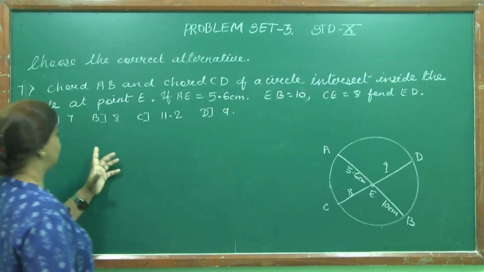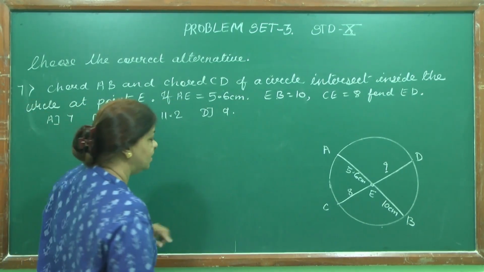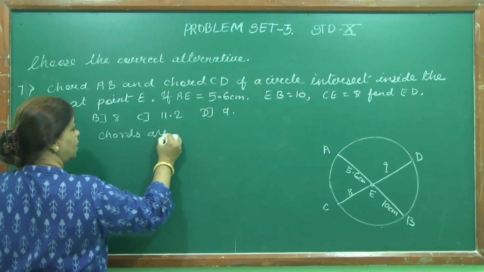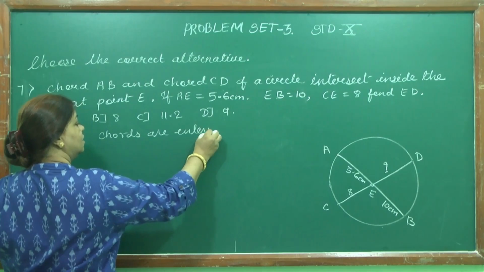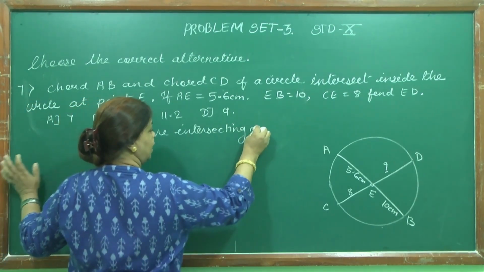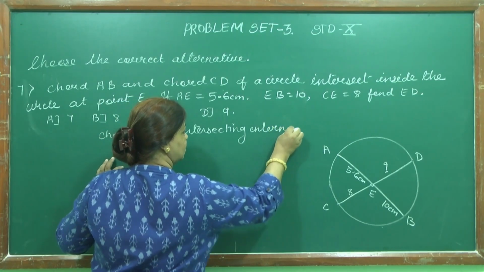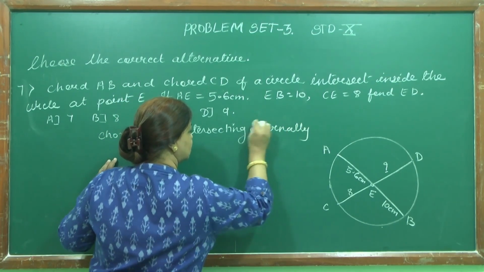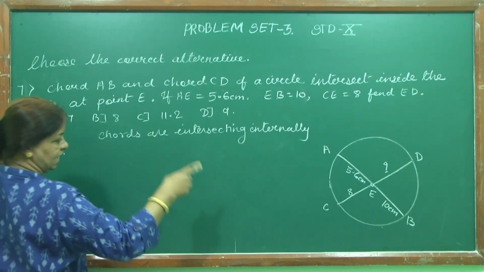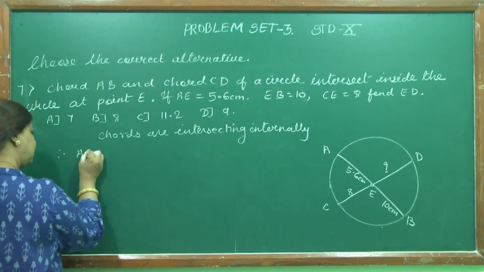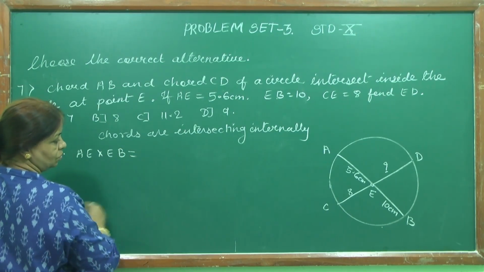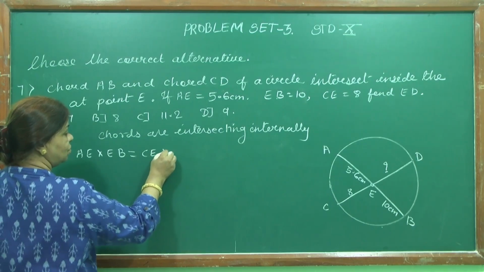Children, here the chords are intersecting internally, and therefore AE into EB is equal to CE into ED.